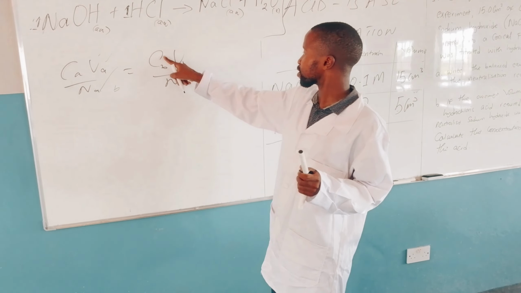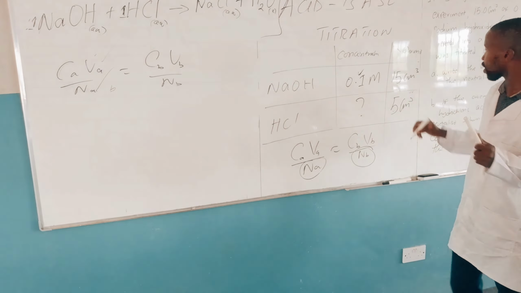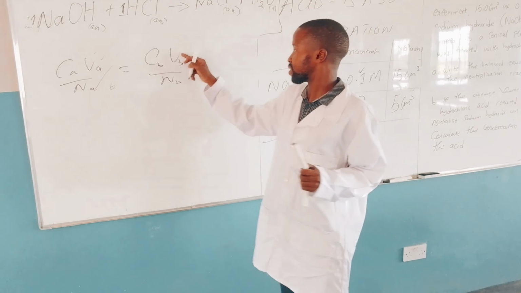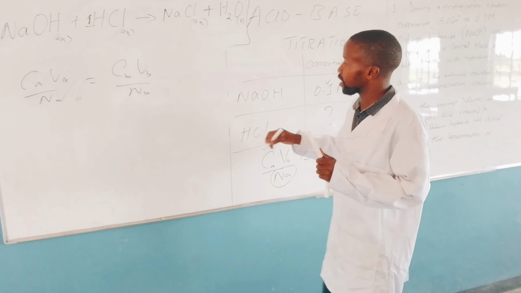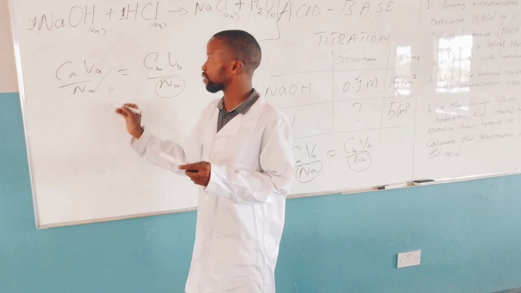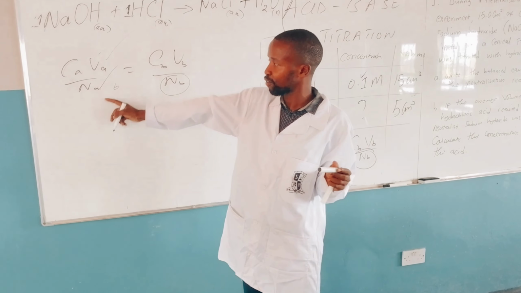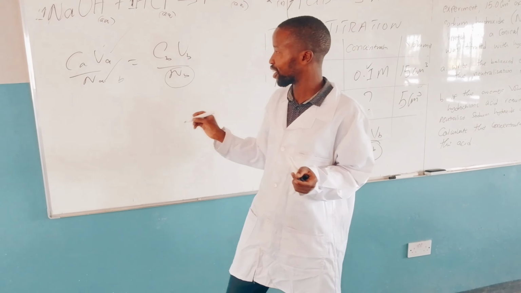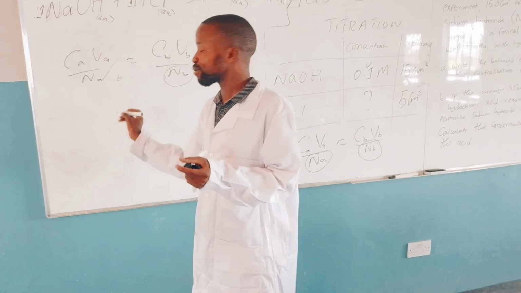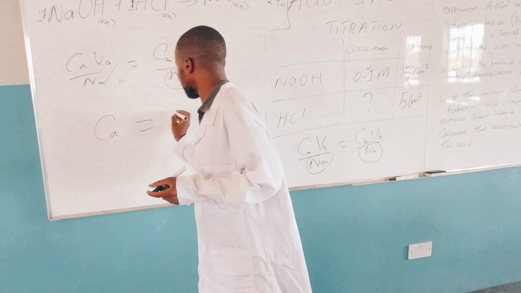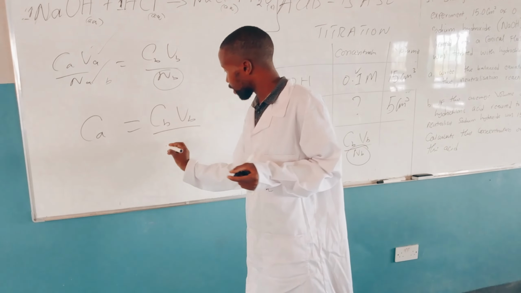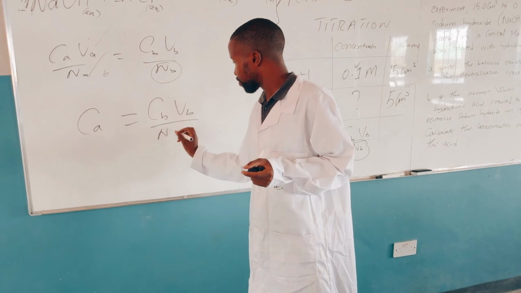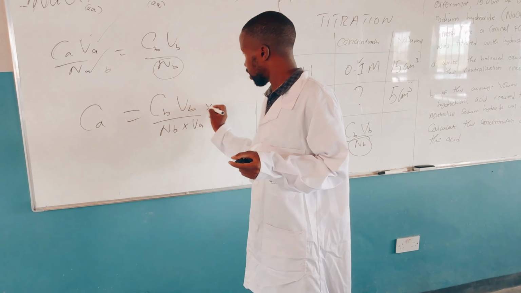The concentration of the base is 0.1 mole, the volume of the base is 15 cubic centimeters, and the number of moles is 1 again. So what we're required to do is make the subject of the formula. We need to make CA, the concentration of the acid, the subject of the formula. So CA is equal to CB VB over NB times VA.